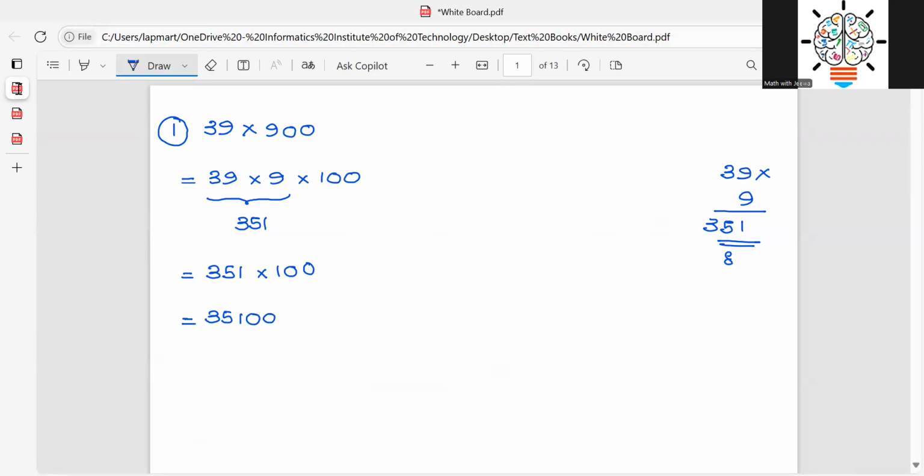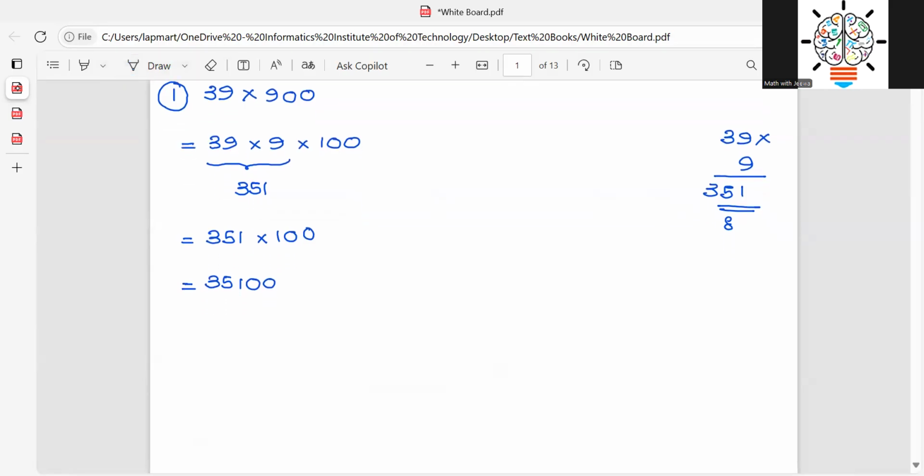Okay. So then when you want to multiply 39 by 900, straight away you are not multiplying by 900. Instead, you multiply by 9. Then you add 2 zeros because you expanded 900 into 9 times 100.